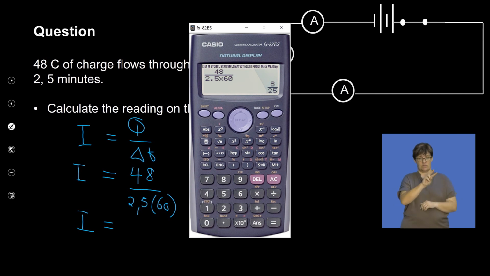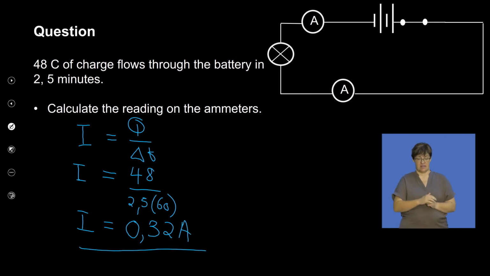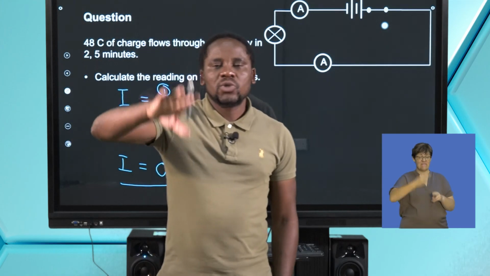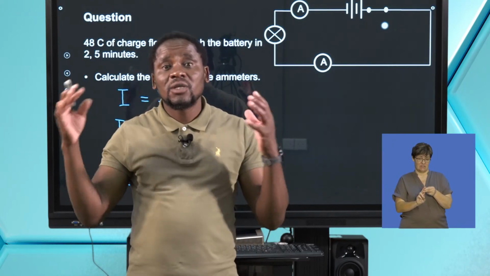It gives us 8/25 as a decimal fraction, 0.32, okay? So the 0.32 is actually the ammeter reading, which is an indication of current strength, okay? 0.32 amperes, right? So be mindful that whenever you do calculations, make sure that the final value that you are calculating carries the correct unit.